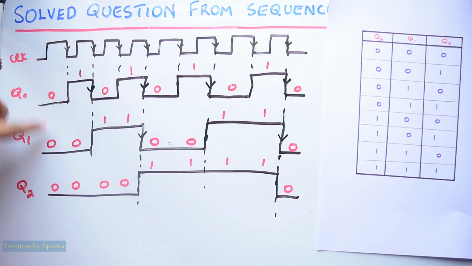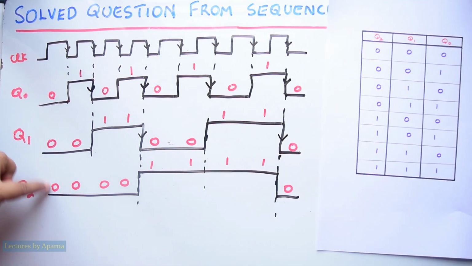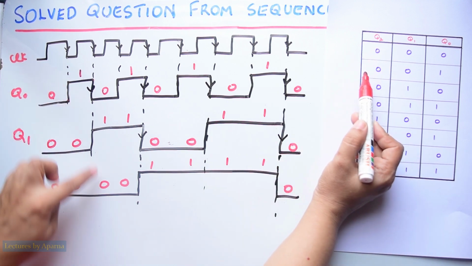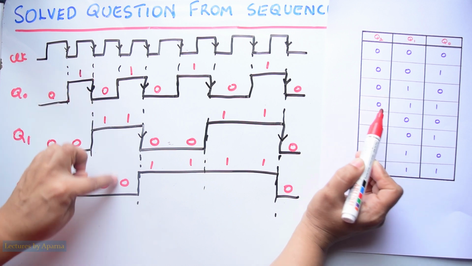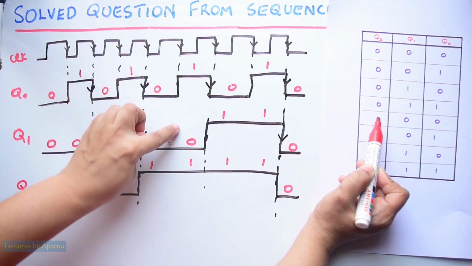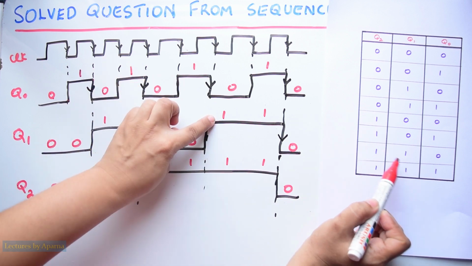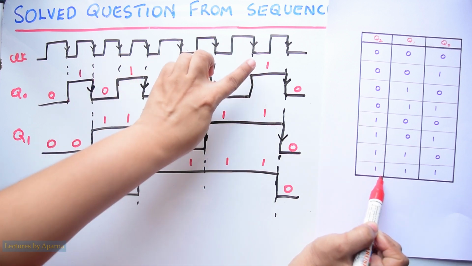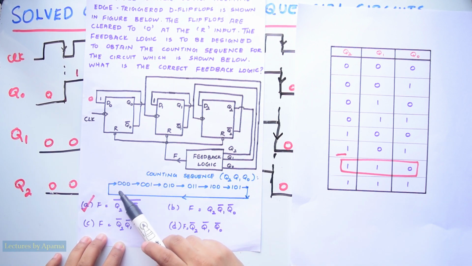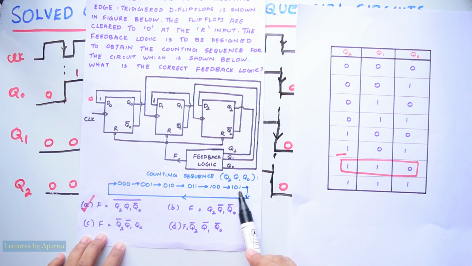Looking here, we can see that the counting sequence is 000, 001, 010, 011, 100, 101, 110 and 111. Here it is said that the counting sequence is from 000 to 101.